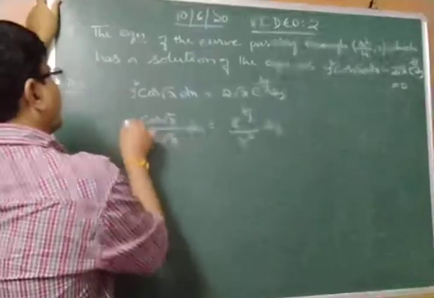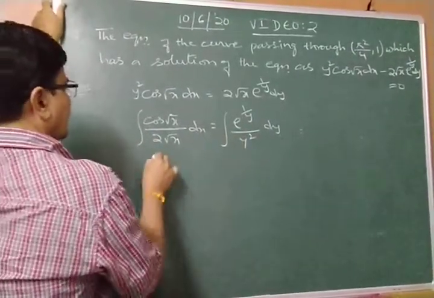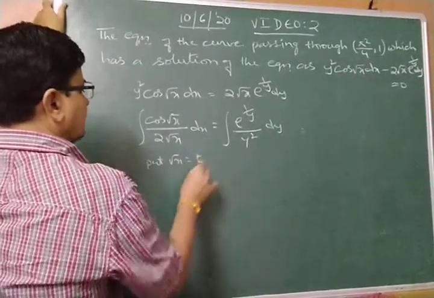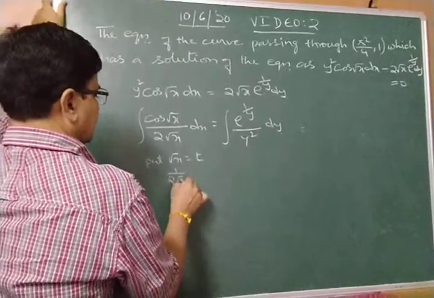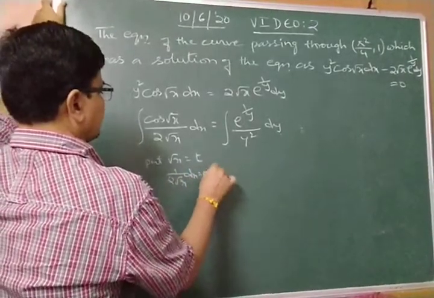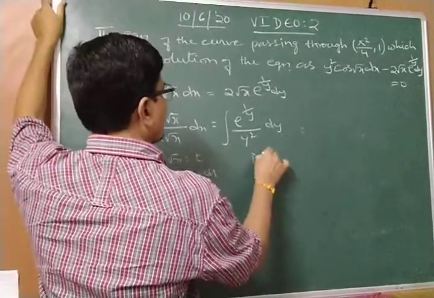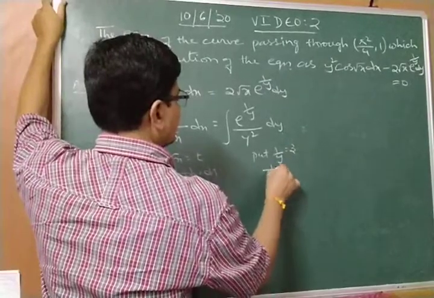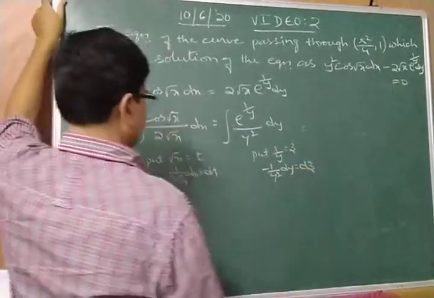Now applying integration on both sides, put root x is equal to t. Applying derivative on both sides, 1 by 2 root x dx is equal to dt. And put 1 by y is equal to z. Applying derivative on both sides, minus 1 by y square dy is equal to dz.